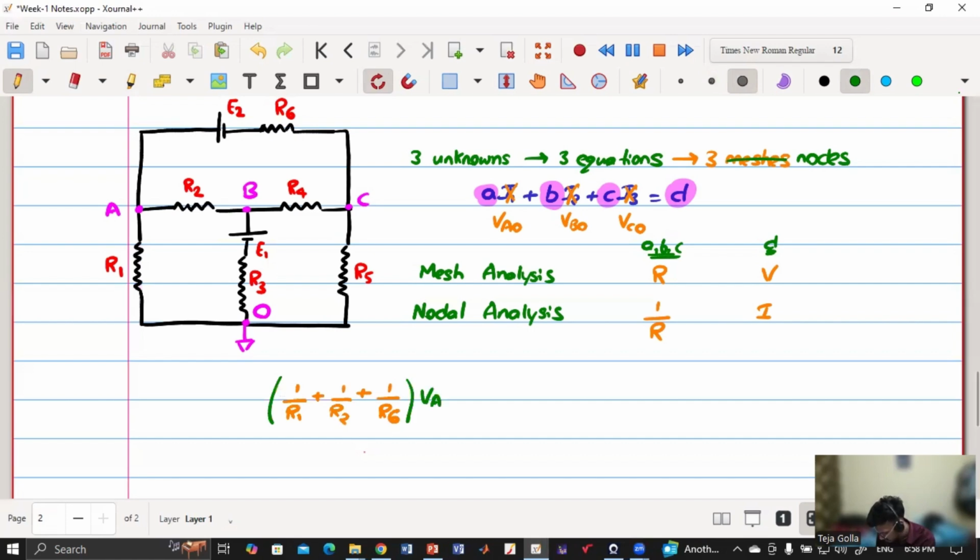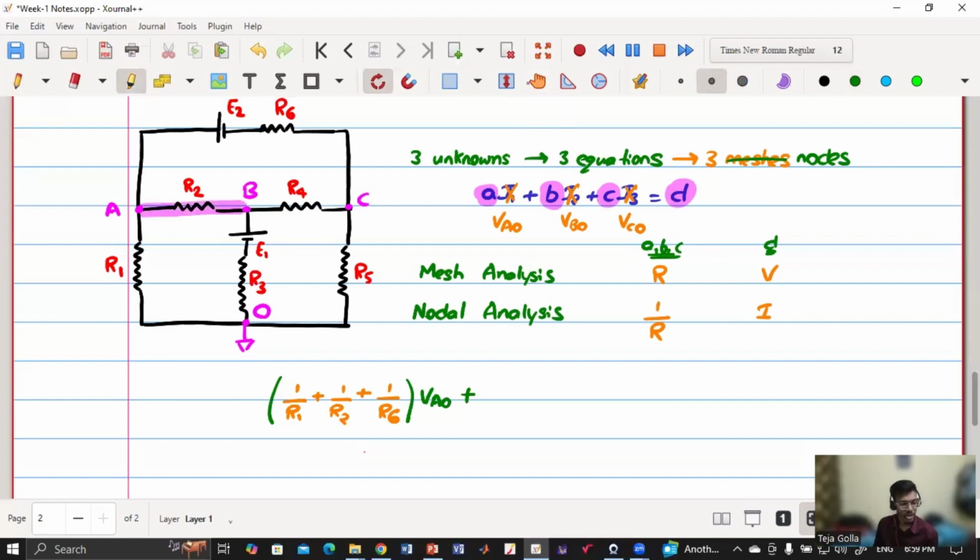VAO. Then for VBO, the same thing, negative of the resistance that is connected in between the nodes. In the case of mesh, it is the resistance that is shared between the meshes, but in the case of nodes, it is the resistance connected in between the nodes. The terminology might be different, but you should understand this philosophy.